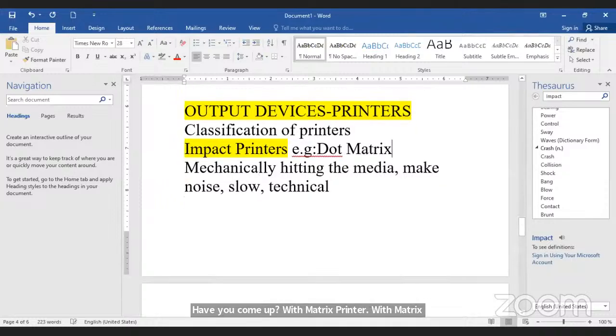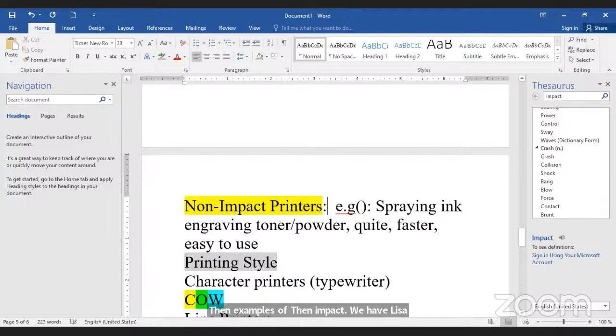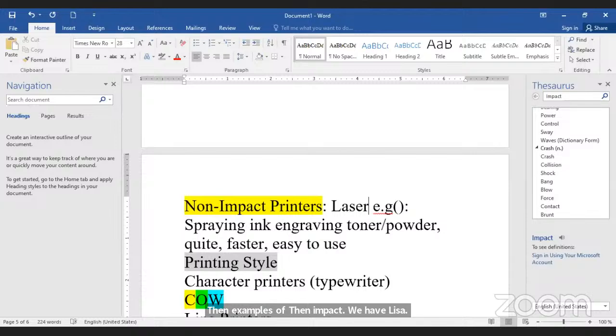Then examples of non-impact. We have a laser printer. We have inkjet printers.